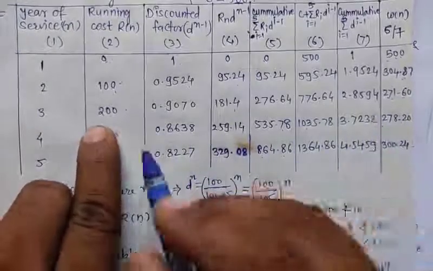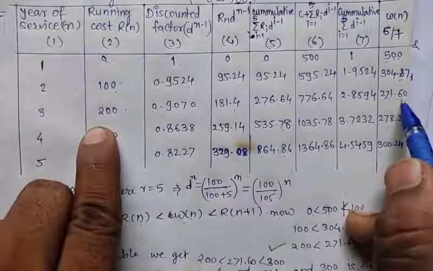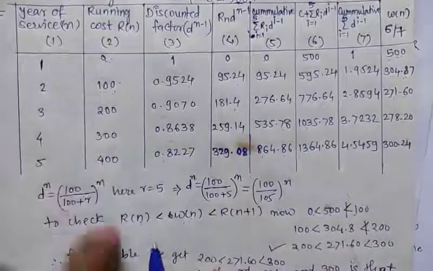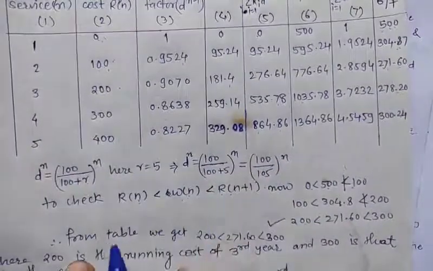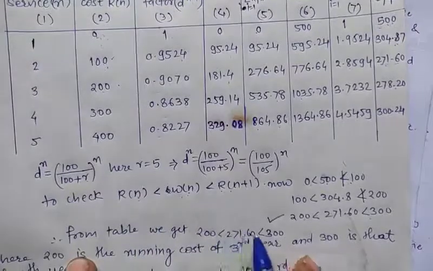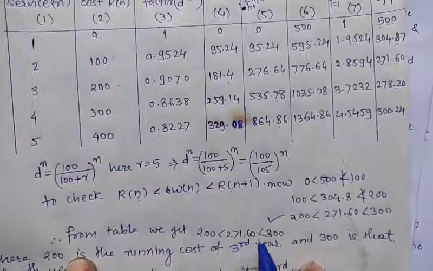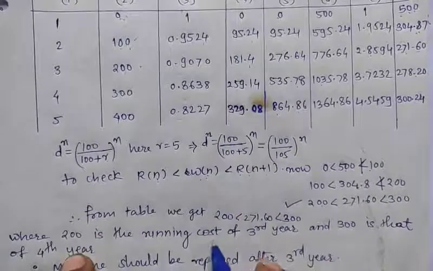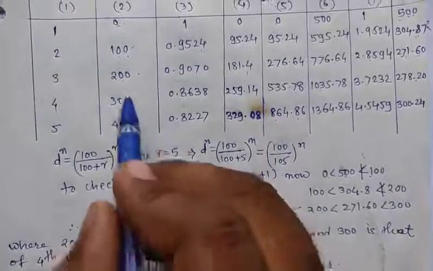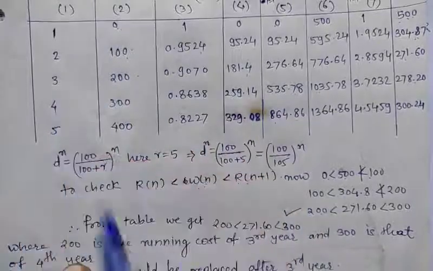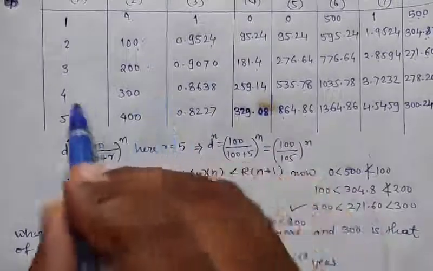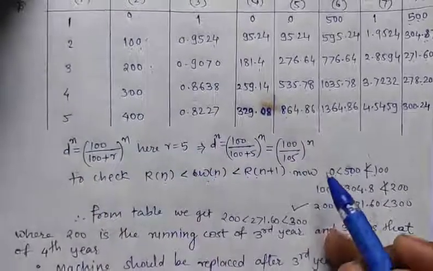That is, 271.60 is the value that lies between 200 to 300. Therefore, what we say is that from table we get 200 less than 271.60 less than 300. Here, 200 is the running cost for third year, and 300 is the running cost for fourth year.